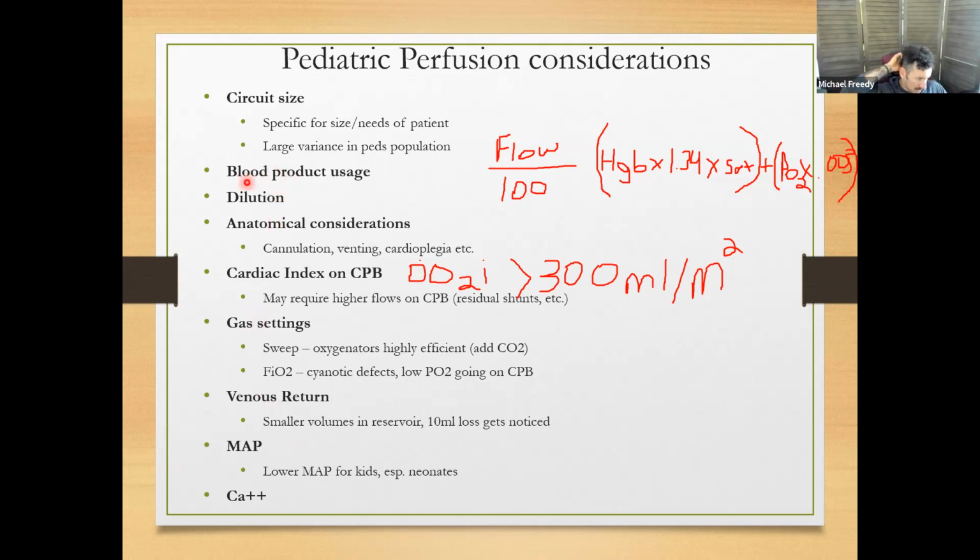Aside from that reason, we typically will have to give blood products or blood prime, and the citrate binds to the calcium. Right. So giving 1 unit of blood on a patient that's 80 kilos versus giving 1 unit of blood on a patient that's 4 kilos, the ratio of citrate is a lot different. So blood products really affect the calcium in kids.